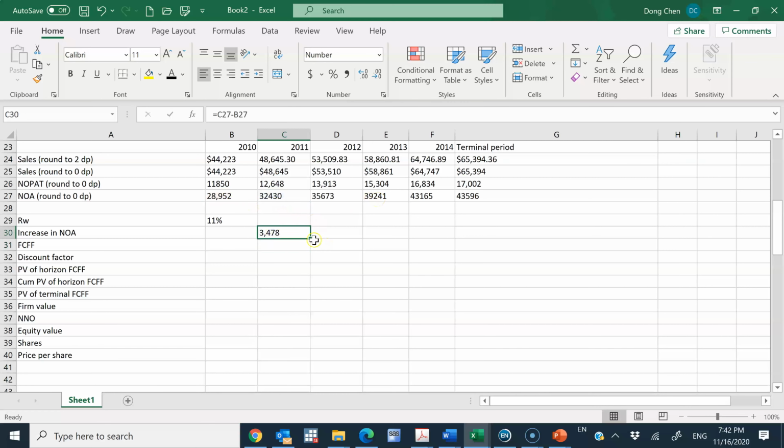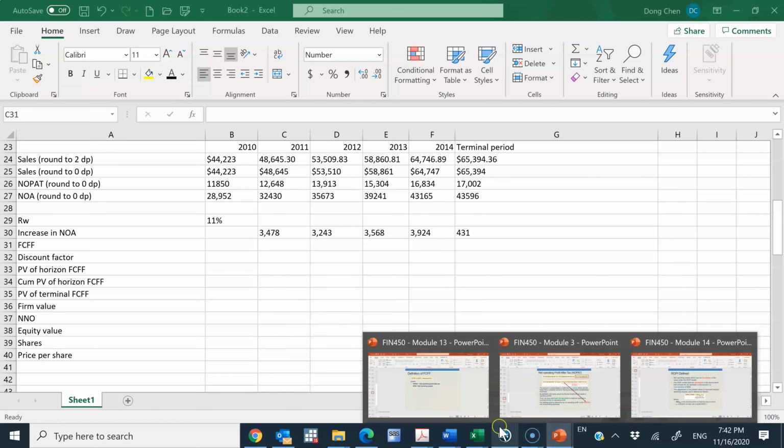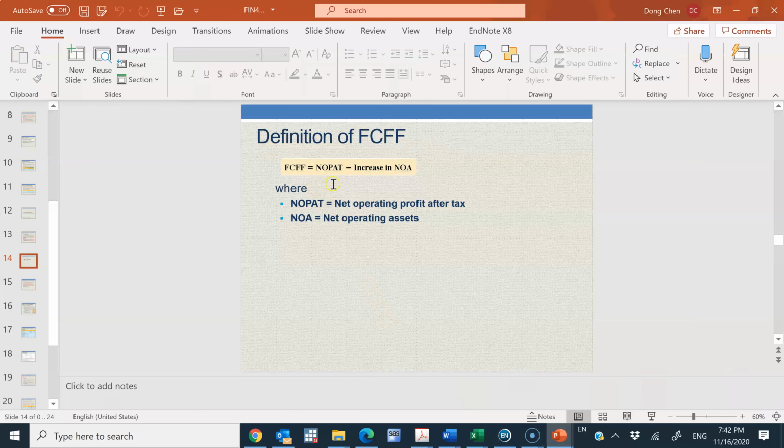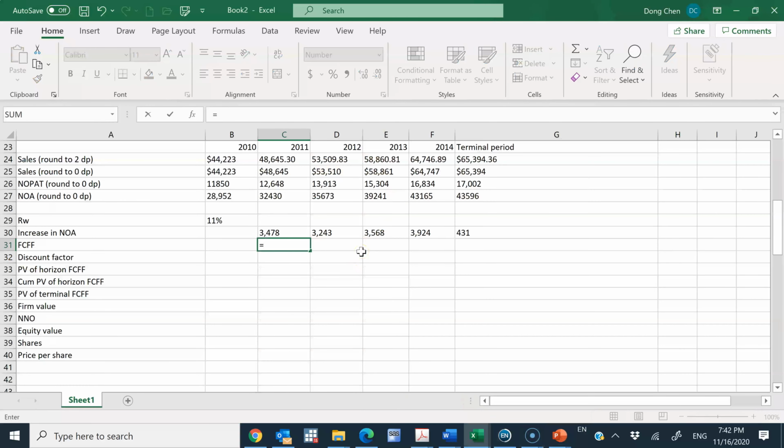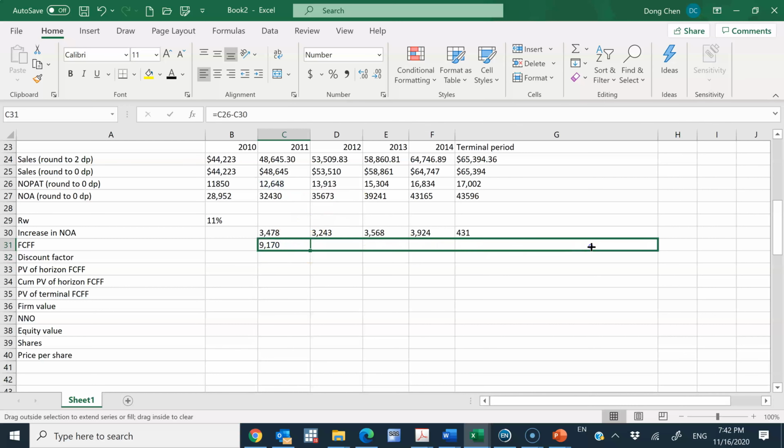And because all these numbers are already integers, we don't have to use the round function. And FCFF, going back to the formula, is simply NOPAT minus the increase in NOA. So this is NOPAT minus the increase in NOA. And then drag the cell to all other years.